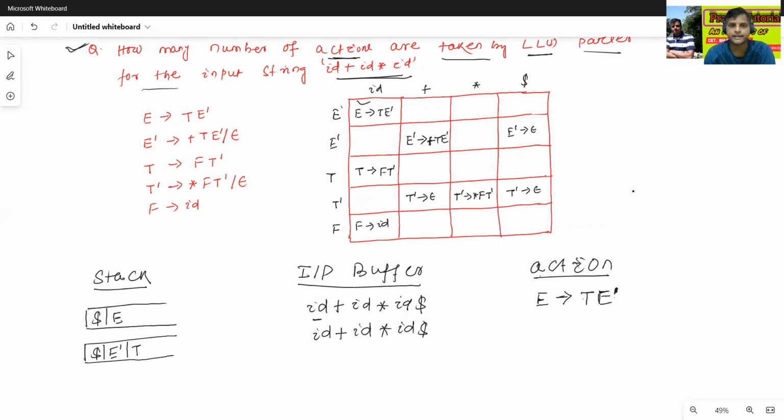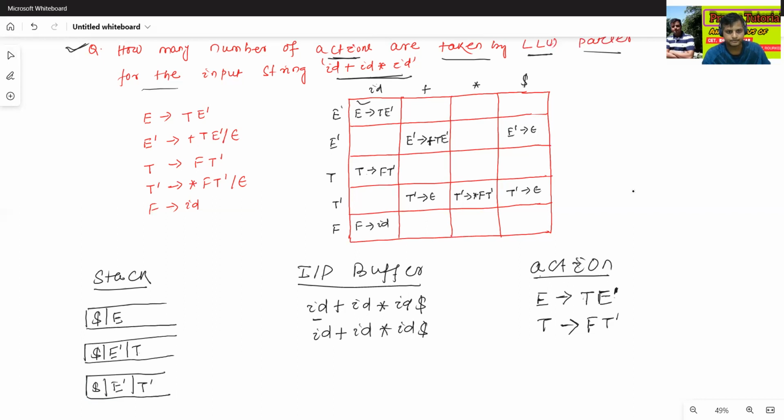Now M[T, ID] means T to F T prime. T to F T prime means it is a push operation. So now I'll push T prime and F here.